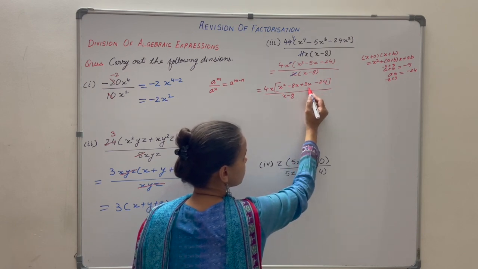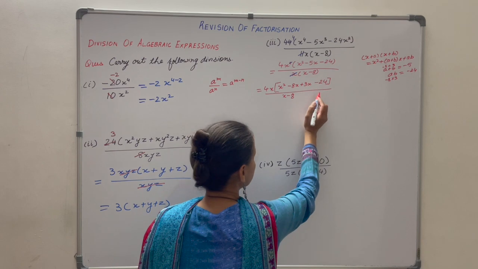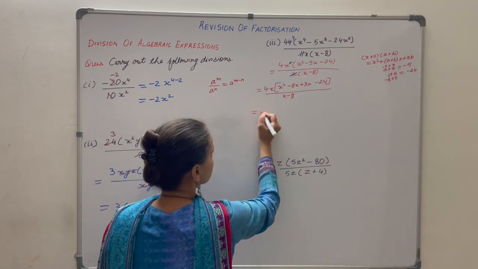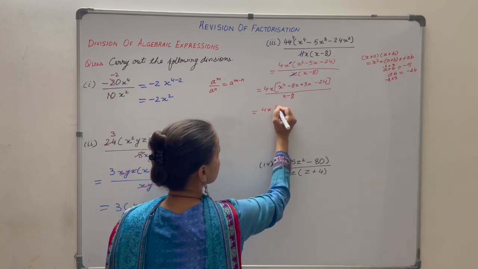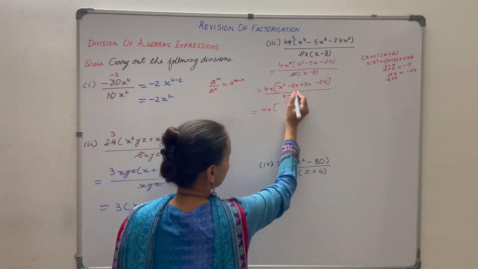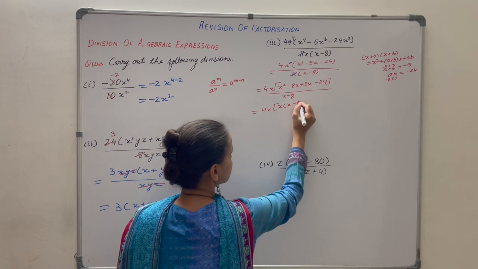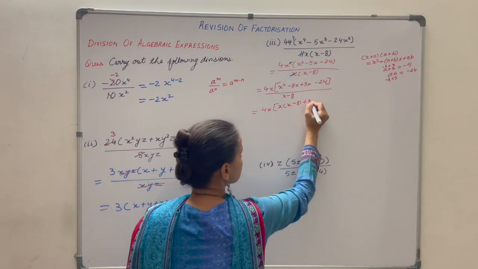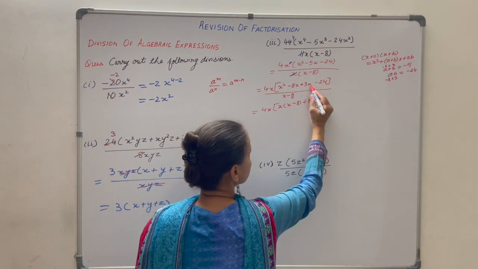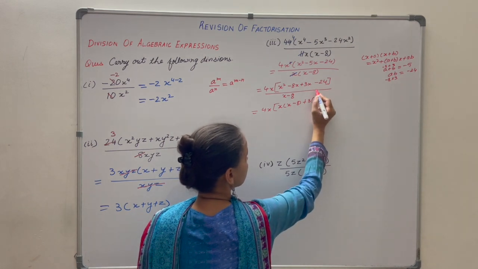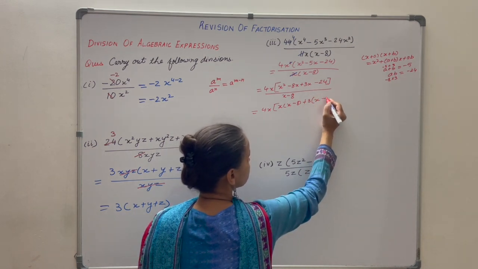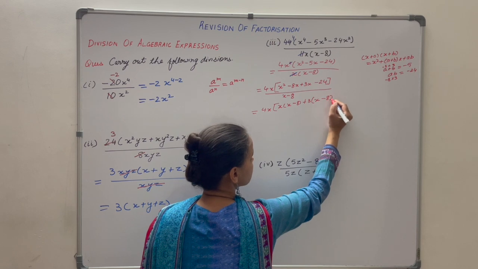From these two terms, if you take 3 common, then you get x minus 8. Let us do it. So here you have 4x. You take x common from here, so you have x minus 8 plus 3 you are taking common. So here you have x plus into minus is minus, so here it will be minus 8.